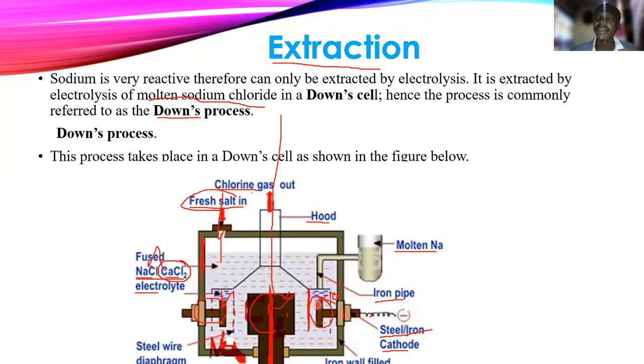It is very important to reduce it, because sodium chloride melts at a very high temperature. So when you reduce it, you reduce the cost of the electricity needed. Therefore, it becomes economical.